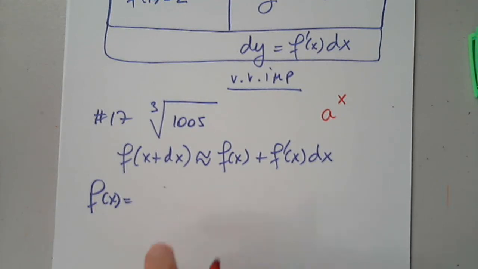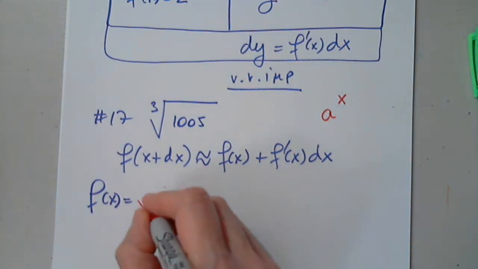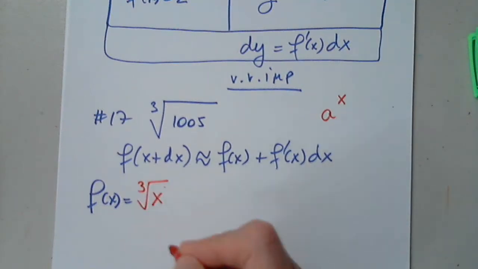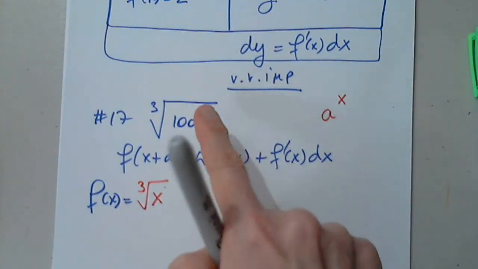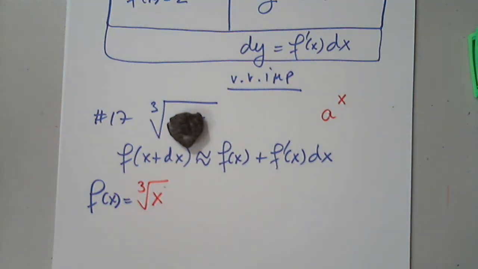Quadratic? It's the cube root. I just read it, right? So it must be the cube root of x. This is the operator applied to this number. We identify by simply reading it. And I read the cube root, so it must be the cube root of x.